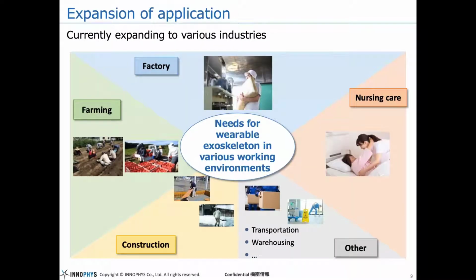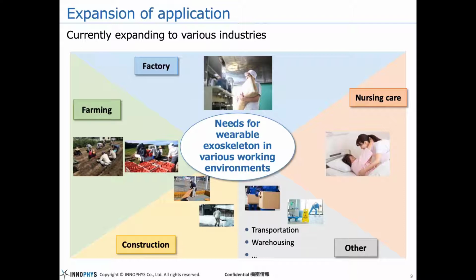So as I mentioned earlier, we started off helping workers in visiting bath care. But as we developed the next generation of the product, its usage became wider. And here is the expansion of our application.